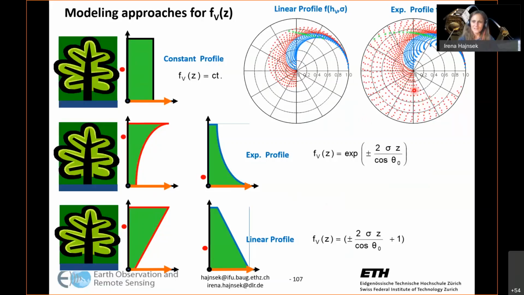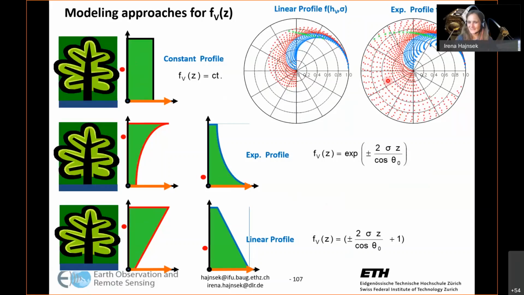What we would like to have is a model where these dots are not lying so closely to each other, because then the sensitivity is very strong to changing just a small value of phase. You get errors very fast inside your inversion process, so you would like to have a bigger spread.